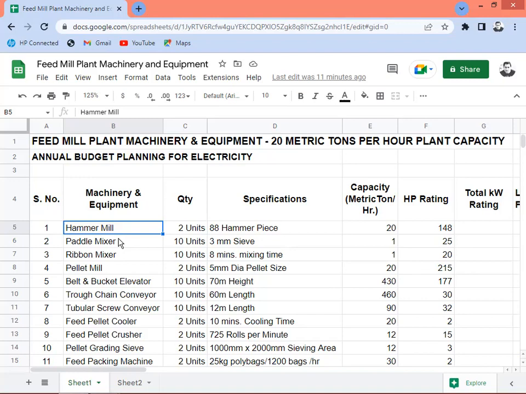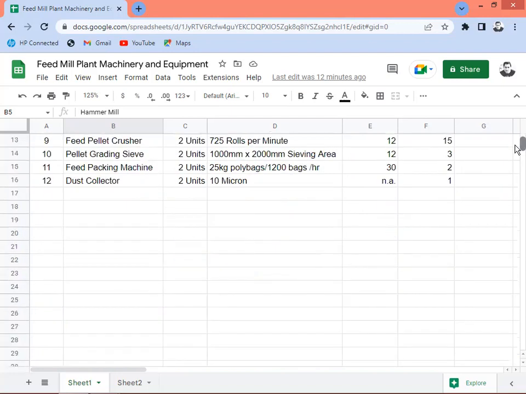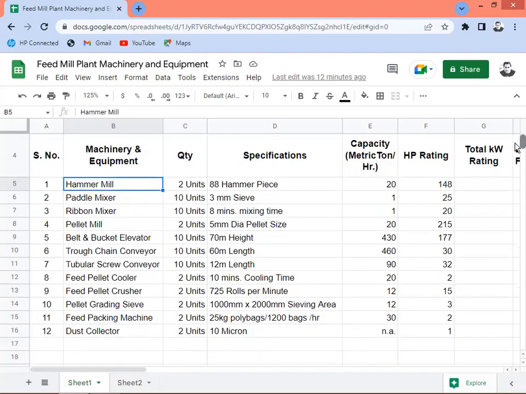Okay, we have some equipment like hammer mill, paddle mixer, ribbon mixer, pellet mill, belt and bucket elevator, through chain conveyor, tubular screw conveyor, feed pellet cooler, feed pellet crusher, pellet grading sieve, or screen, and what else?